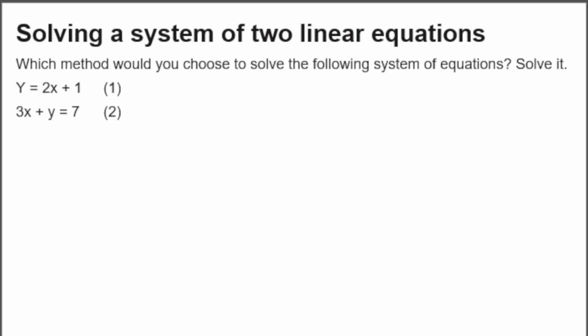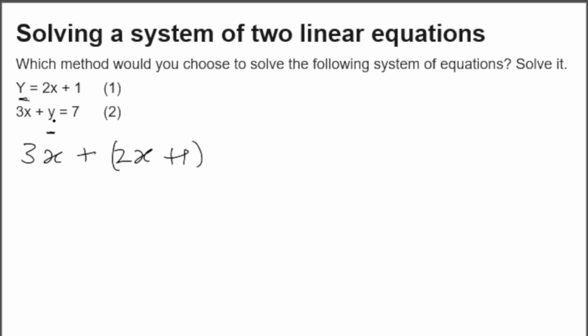For using substitution method, this is a very easy question because they have already given the value of y in terms of x. So we can use this value of y into this equation in place of y. That means we can solve it like 3x plus 2x plus 1.